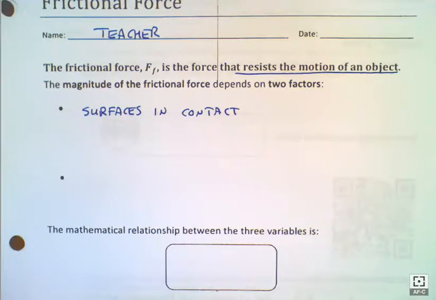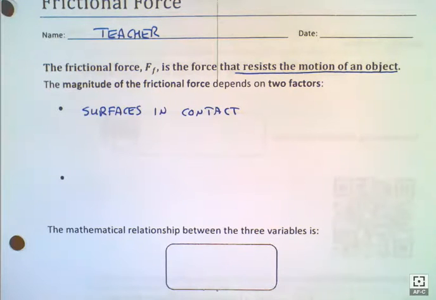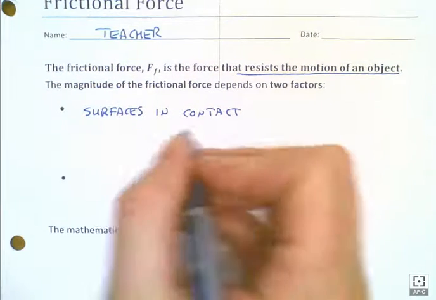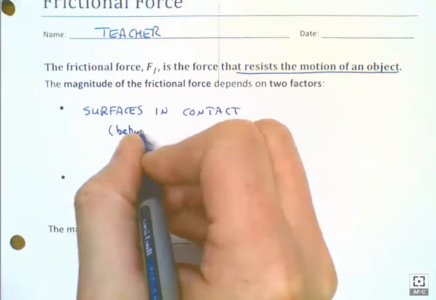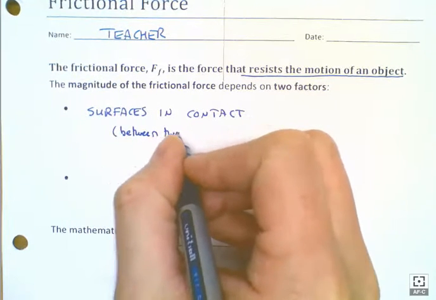Clearly, if we have a steel blade on ice, that will have one particular amount of resistance or friction, whereas if we have a steel blade on sandpaper, that's going to have a different type of friction. If you rub your hand across sandpaper, we know it's got quite a bit of friction, whereas if you move it across a smooth desk, you can feel there's less friction. So definitely it's all about the two surfaces that are in contact. It's between two surfaces, and they must be in contact.